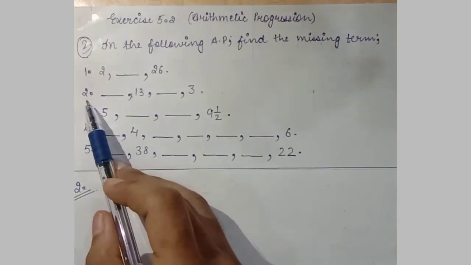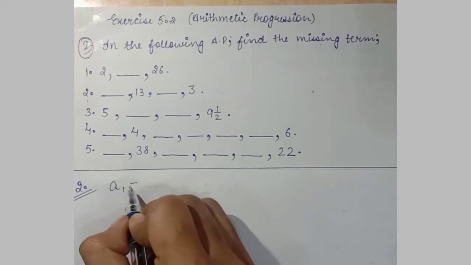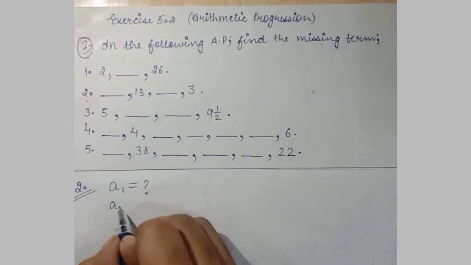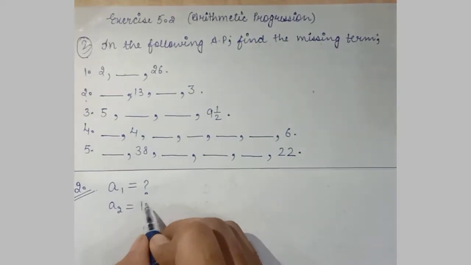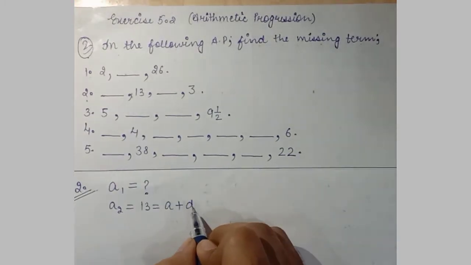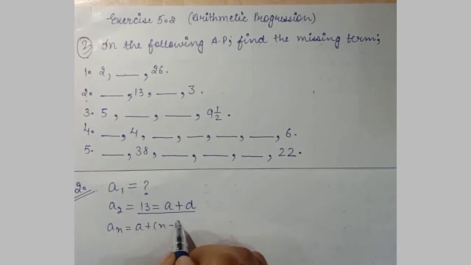In the second question, the first term is missing, so we have to find a1. The second term is 13. We also write the second term as a plus d, as the formula is an is equal to a plus n minus 1 d.